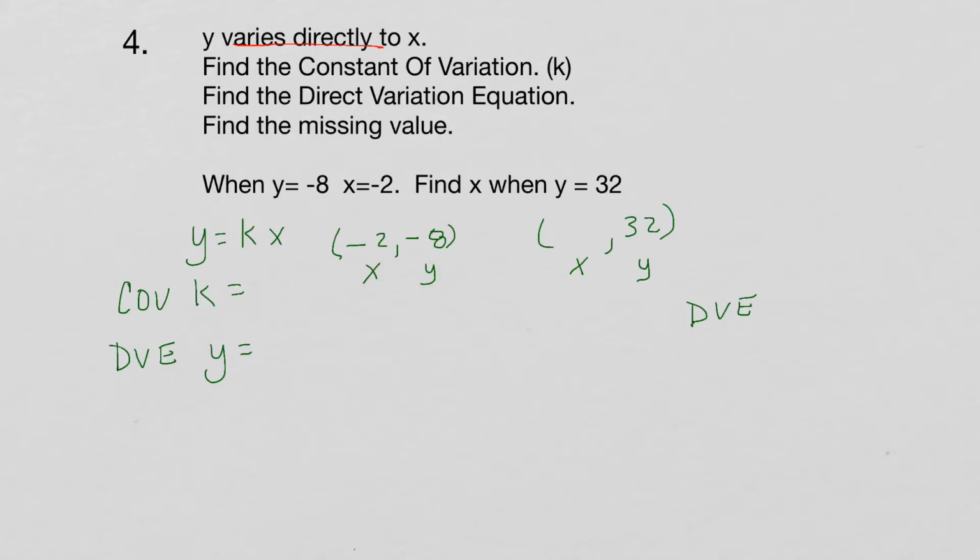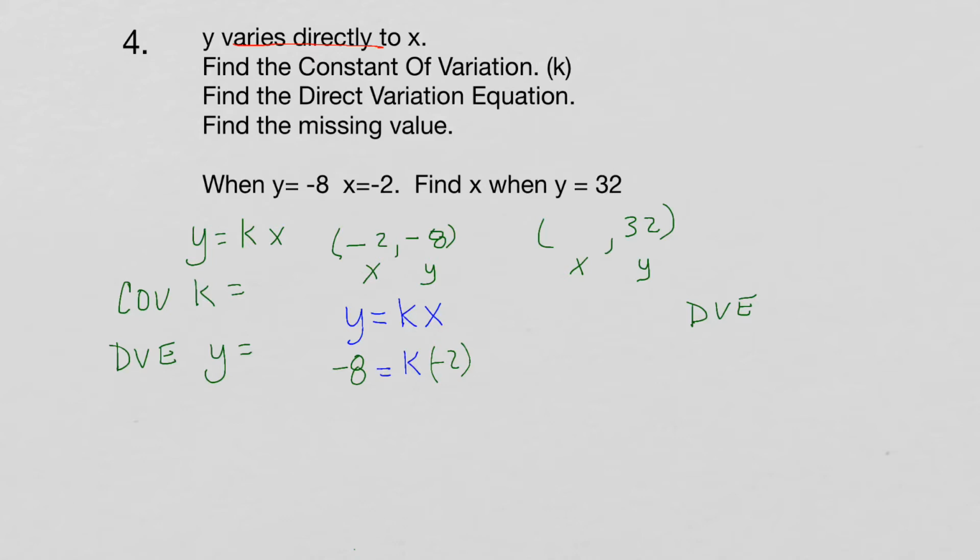Now we're going to use those numbers to find our constant of variation, or find our k. So we're going to begin with y is equal to kx. We're going to put the negative 8 in for the y, and we're going to put the negative 2 in for the x.